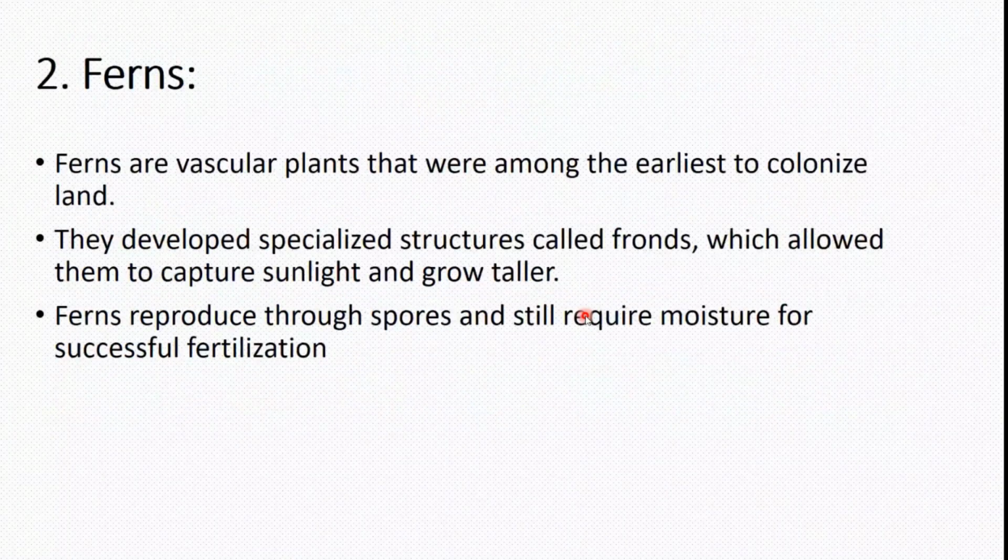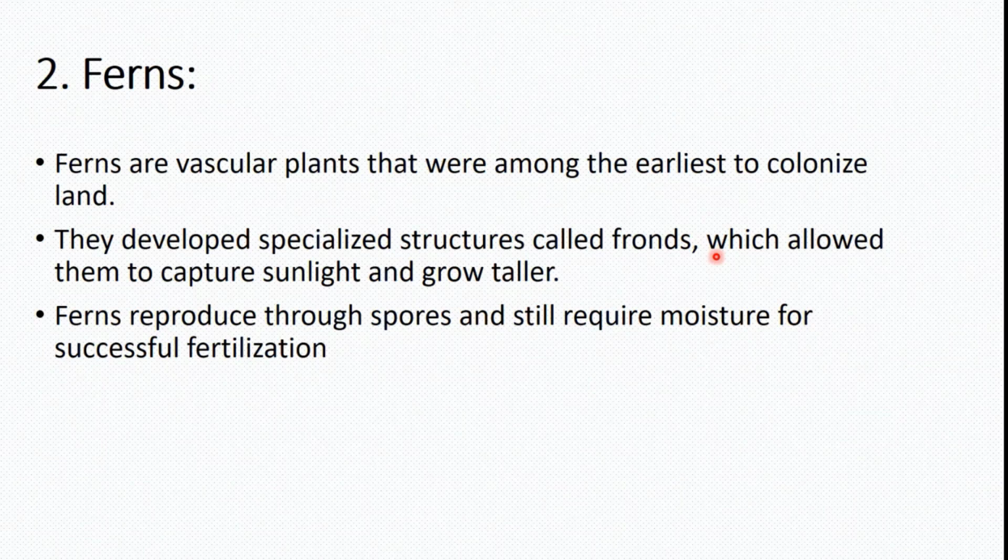And then ferns are vascular plants that were among the earliest to colonize the land. They developed specialized structures called fronds, which allow them to capture sunlight and to grow taller. So the function of the fronds is to allow the ferns to capture sunlight and help them to grow taller.